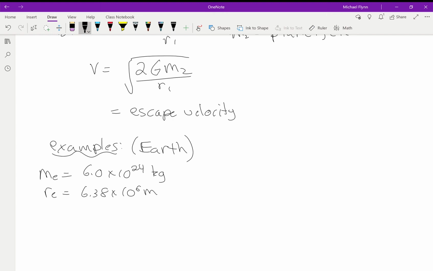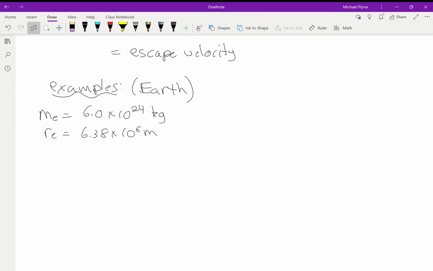Now let's say you're standing on Earth's surface, which you are. Doesn't matter if you're upstairs or downstairs, that small difference in distance from the center of the Earth doesn't make much difference. You're about 6.38 million meters from the center of the Earth, so a couple more meters won't make much difference if you climb a hill or something.